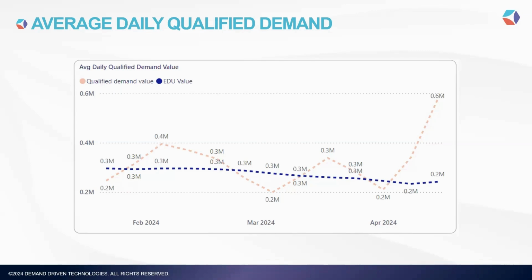Also, if your qualified demand is always way below your EDU, that's a sign that maybe you should check out your EDU or your daily usage method. Your EDU is set by forecast or a blend, and maybe you have a big difference between your EDU and your forecast.